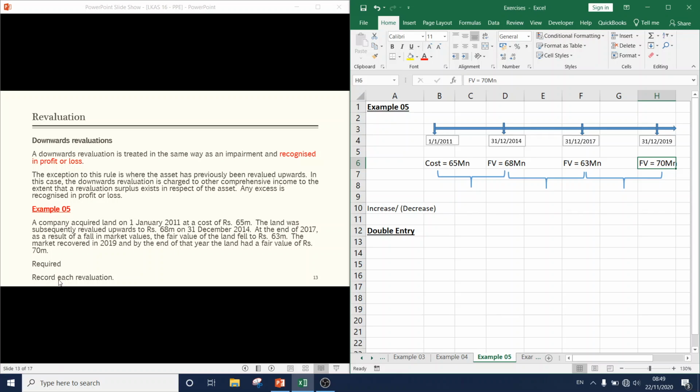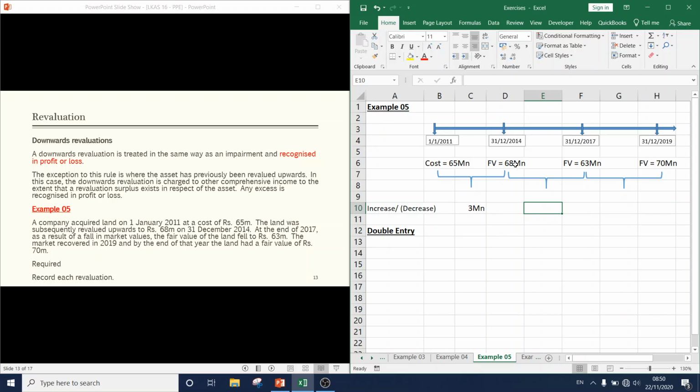We are required to record each of these revaluations. Initially the cost was 65 million. And we have revalued on this date, found the fair value to be 68 million. So it means there is an increase of 3 million, isn't it? The asset has gone up by 3 million.